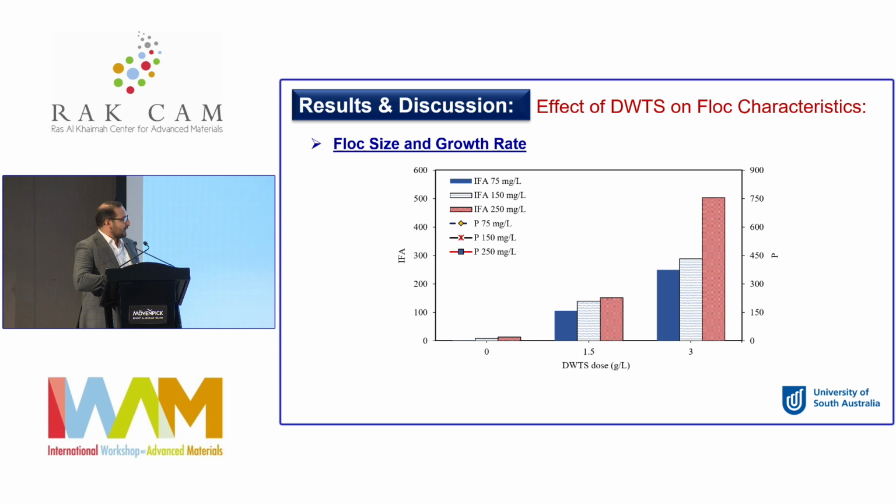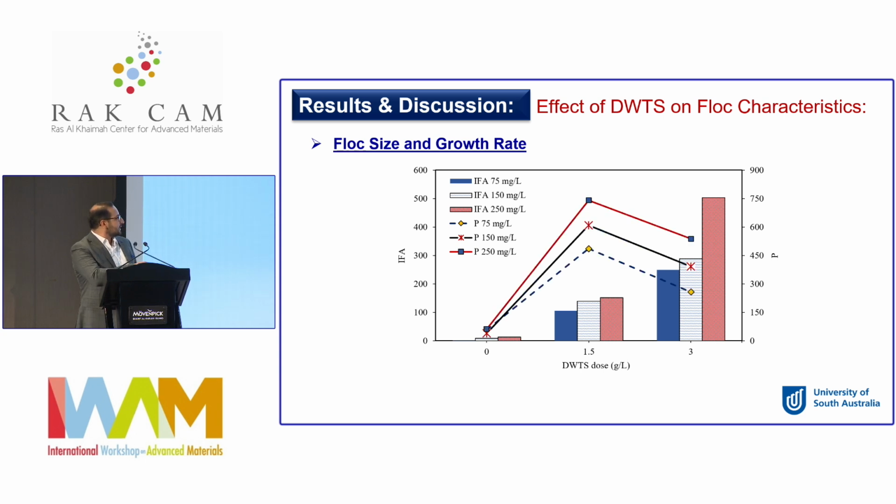The same results we have found from the BDA parameters. As you can see, the initial growth rate of the floc increased significantly by adding the sludge, the powder. And also the floc size increased significantly when we use 1.5 gram per liter.